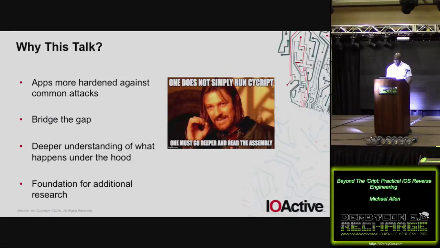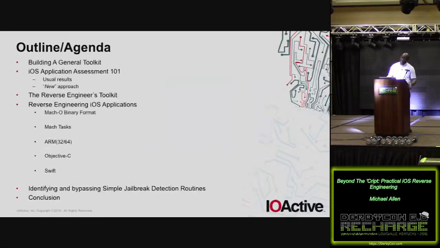So, the outline. The approach we're going to take is to start out with the current state of the union, right? We're going to look at the common tools that are currently available, and the results they produce. That will bring us to the point where we realize that a lot of the common bugs are now closed, and so we're going to have to change our approach.